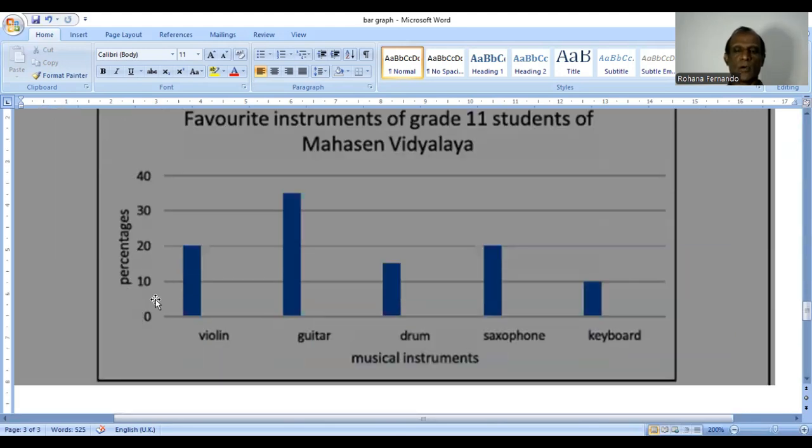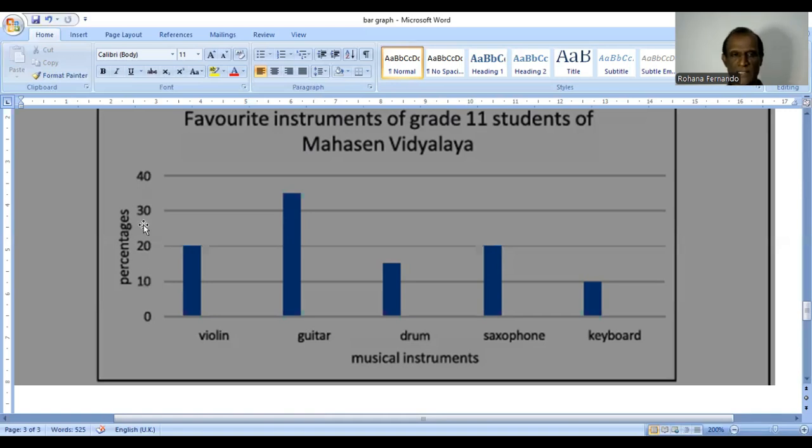On the horizontal axis, we have the instruments: violin, guitar, drum, saxophone, and keyboard. On the vertical axis, or the y-axis, we have the percentage of students who like these instruments, and the percentages are given at intervals of 10.